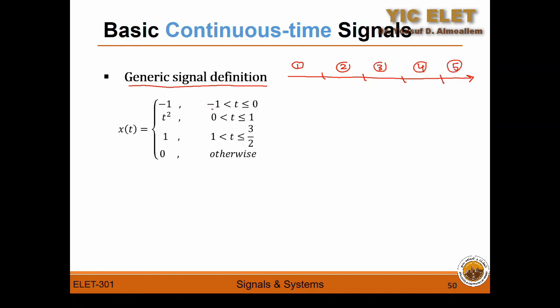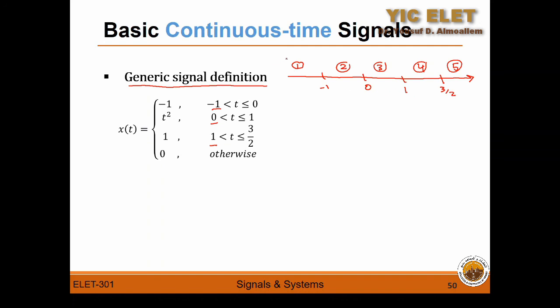So we have, like, minus 1 and 0, then 0 to 1, and then 1 to 2/3. So let's write these numbers here: minus 1 to 0, and then 0 to 1, and from 1 to 2/3.